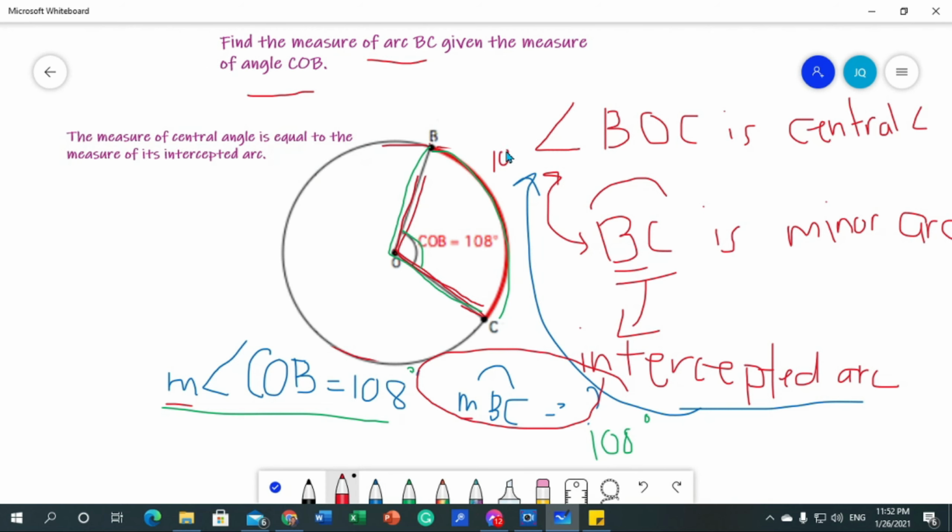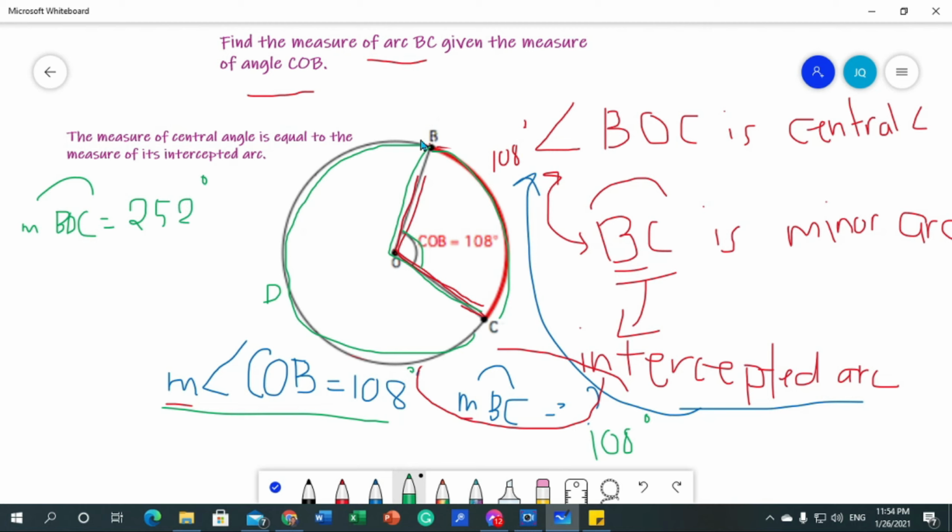So this one is equal to 108 degrees. If arc BC, the minor arc, is 108 degrees, supposing we have point D here, then we have another arc, arc BDC. What do you think is the measure of arc BDC? If arc BC is 108, the measure of arc BDC is 252 degrees.